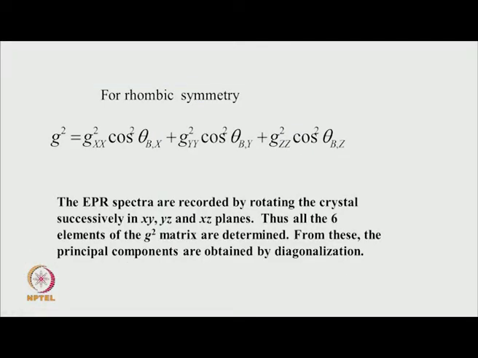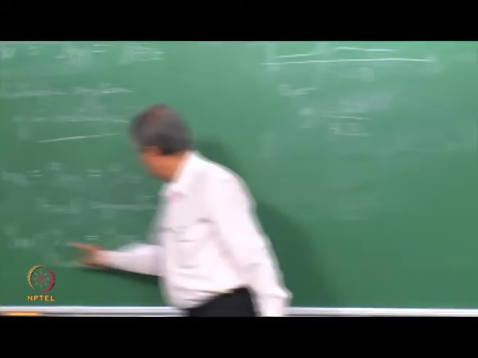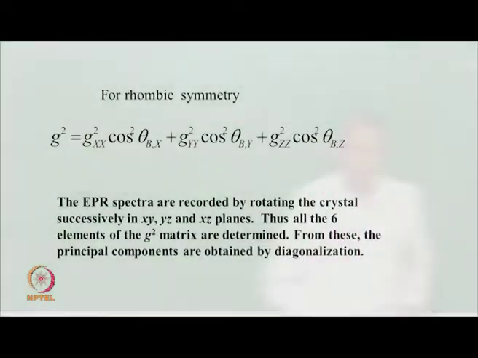Now, for rhombic symmetry, where all three are different, the expression for effective G is given here. It depends on all three principal components of G and also the angle that the magnetic field makes with respect to the principal axis. To determine this, EPR spectra are recorded by rotating the crystal successively in the XY, YZ and XZ planes. Each of them will give a curve of this kind.